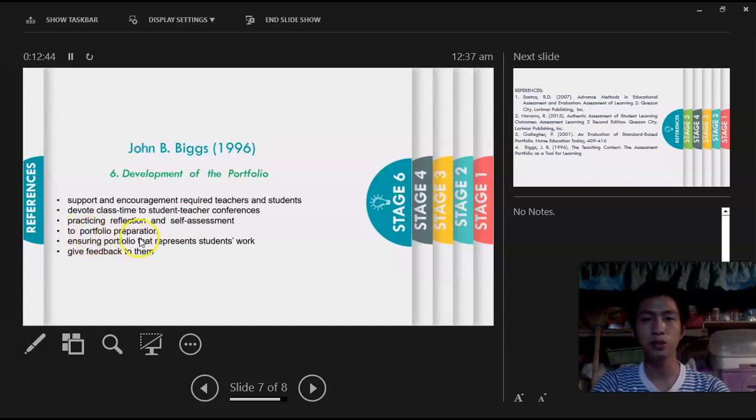Portfolio preparation ensures the required evidences, and it can develop some general strategy in assessing students' performance when implementing portfolio assessment.